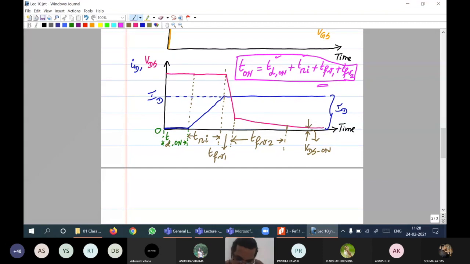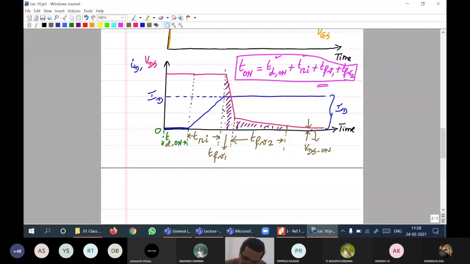Now, what will happen to power dissipation across the MOSFET during this time interval? Especially during this crossover, what do I mean by crossover?